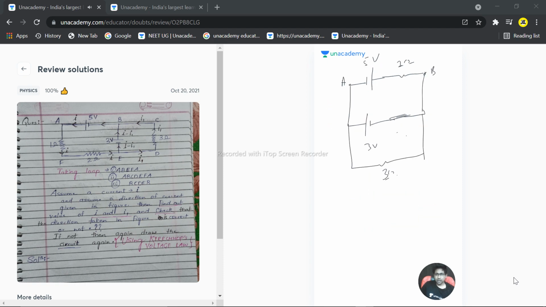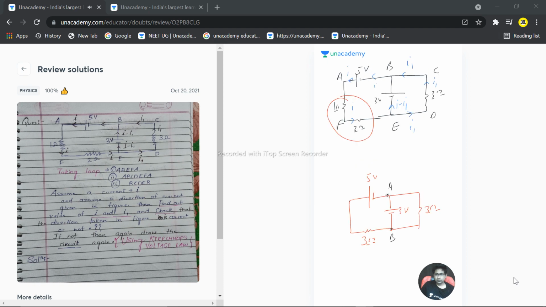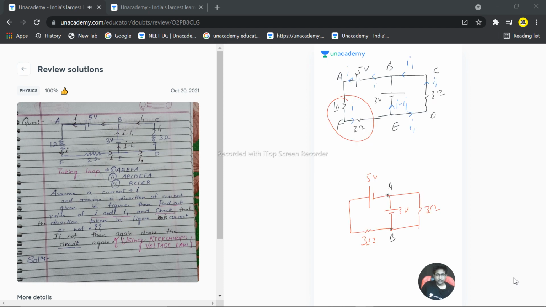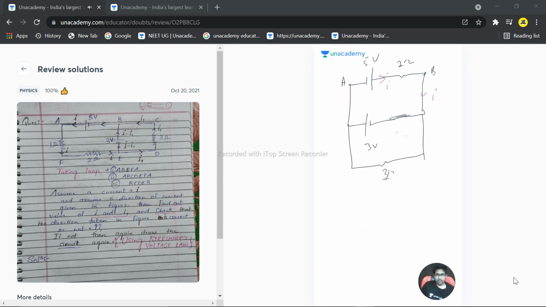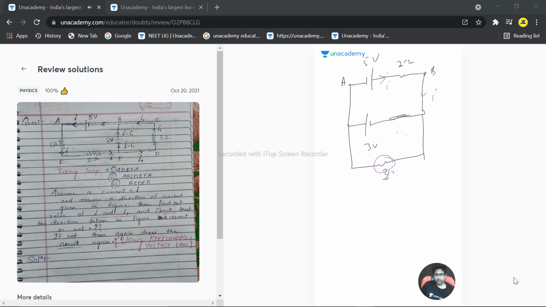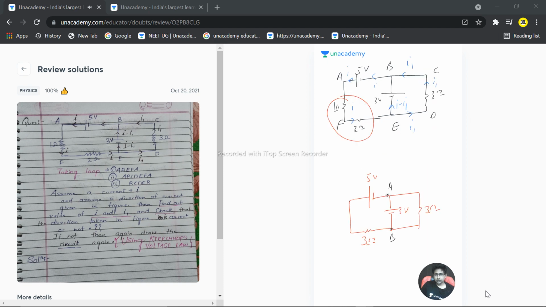Basically, how much current is flowing? From this, I current is flowing. Out of that I current, in this 3 ohm resistor, I minus I1 is entering into this, and I1 is flowing from B to A in this particular circuit.